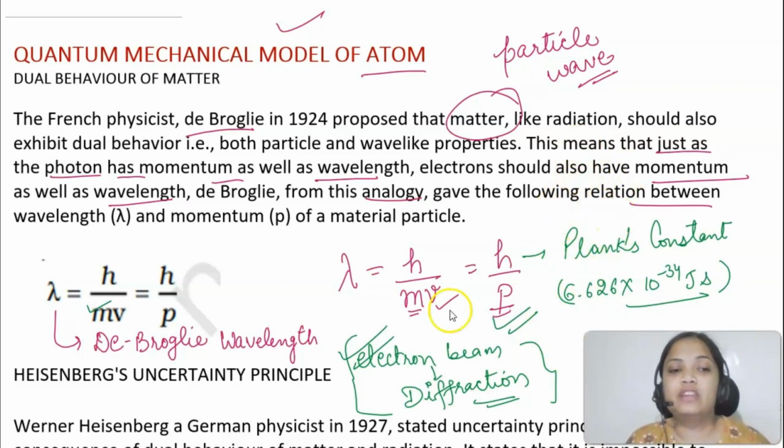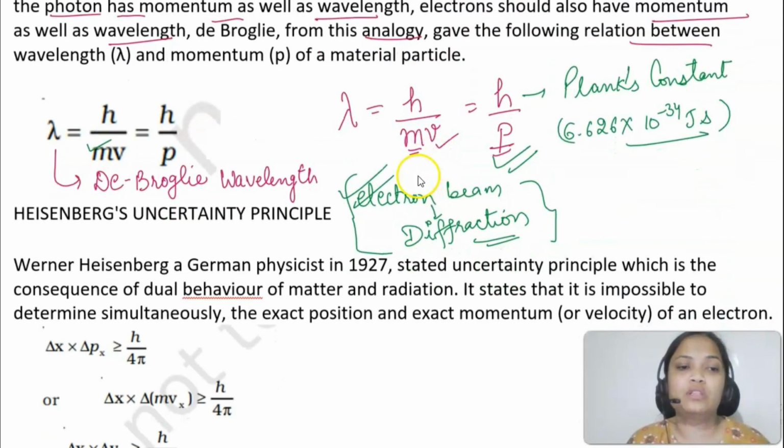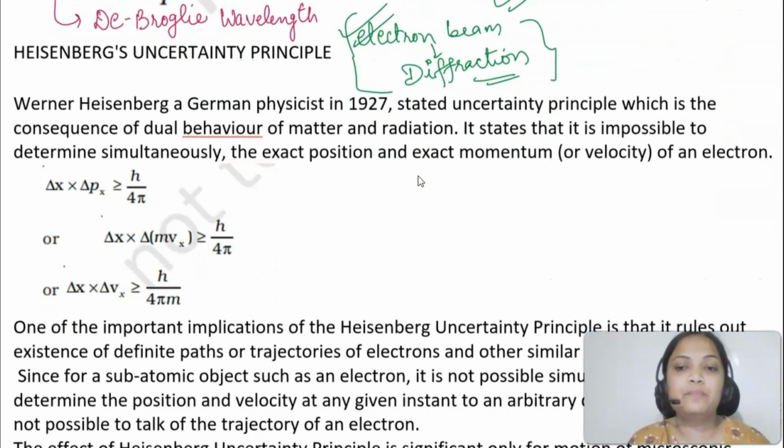Another very important idea that led to the development of the quantum mechanical model was Heisenberg's uncertainty principle. Heisenberg stated that it is impossible to determine simultaneously the exact position and exact momentum of an electron.